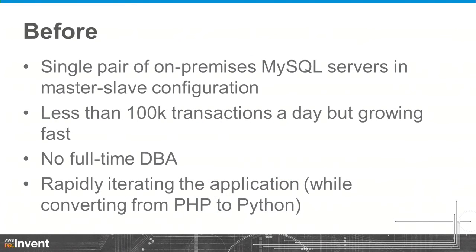We were processing less than 100,000 transactions a day, but the numbers were growing fast. We didn't have any full-time DBA, and we were rapidly iterating our application to increase performance, and at the same time converting it from PHP to Python.